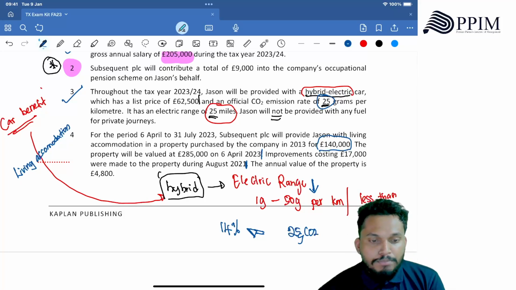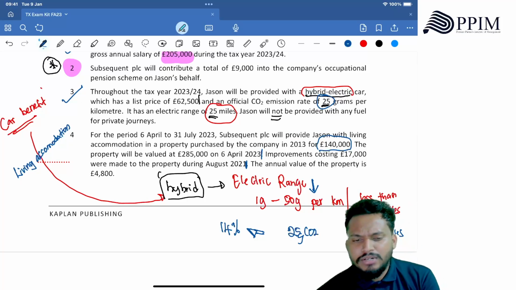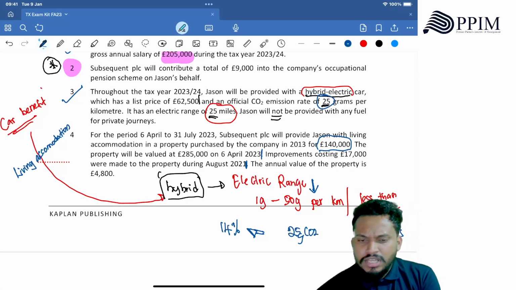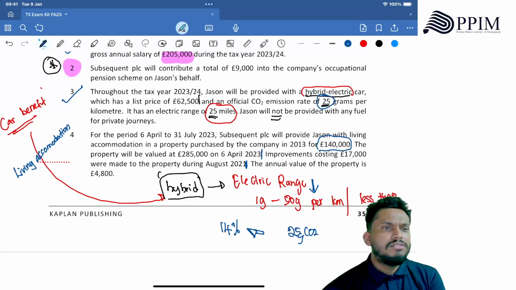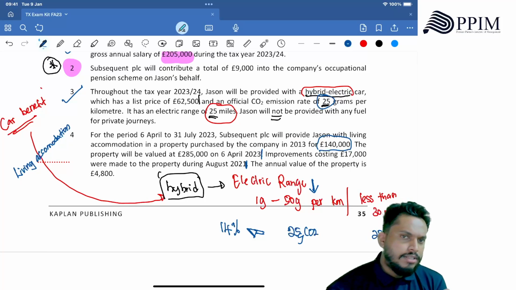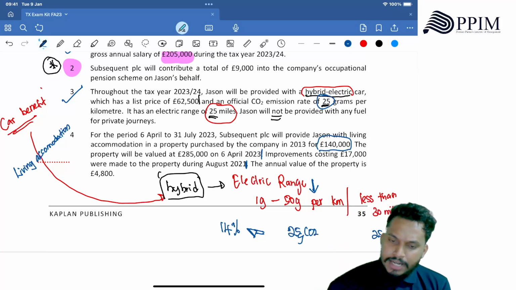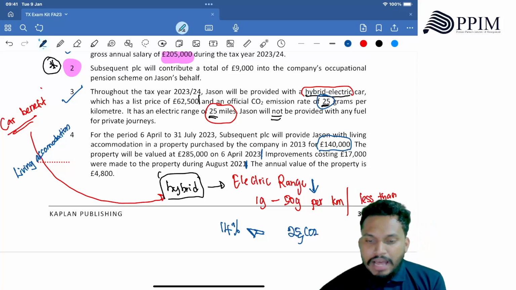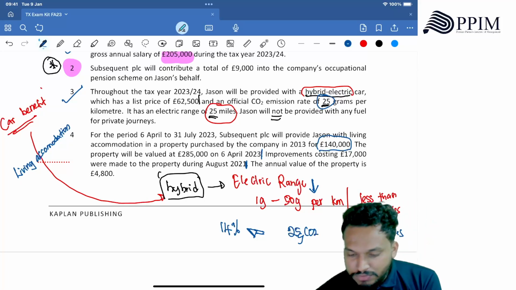The property will be valued at 285,000 as of 6th of April 23. Improvements of 17,000: who is making the improvements? The company is making the improvements.